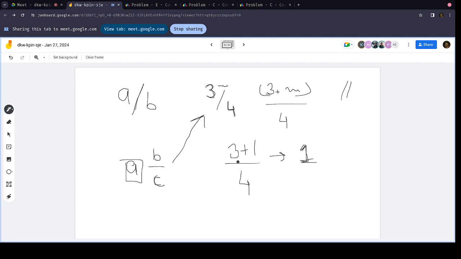Now, what happens if you add something more than 1? Let's say you add 3 and not 1. What happens when you add 3 plus 3 by 4? You again get a 1.